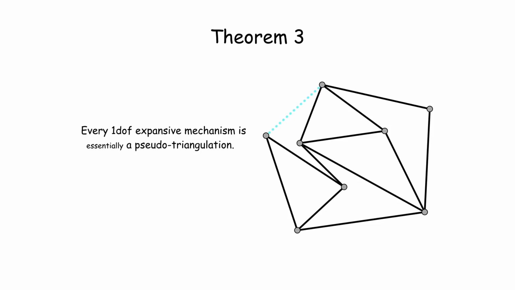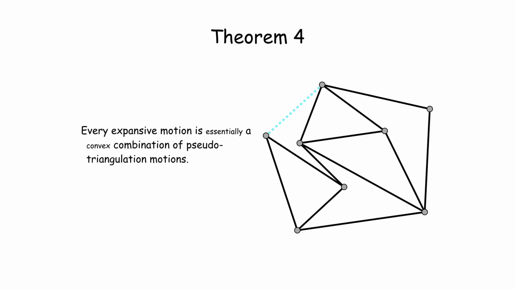Now, the beauty of this is that this is essentially all. You don't have to look further. Any 1 degree of freedom expansive mechanism is essentially a pseudo-triangulation with the convex hull edge removed. Yeah? So it's a characterization.